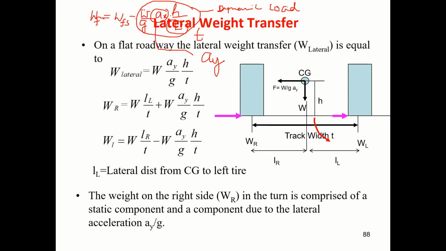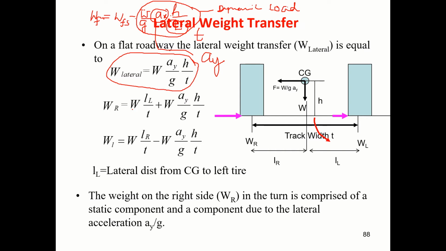Hence, the lateral load transfer will be W by g, a y h by T, instead of a x. This is the load transfer. I can derive it considering all the forces. So what is the load on the right wheel and the load on the left wheel?